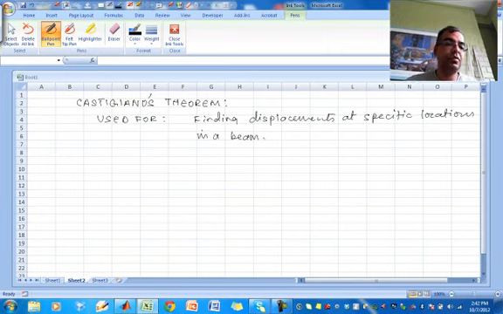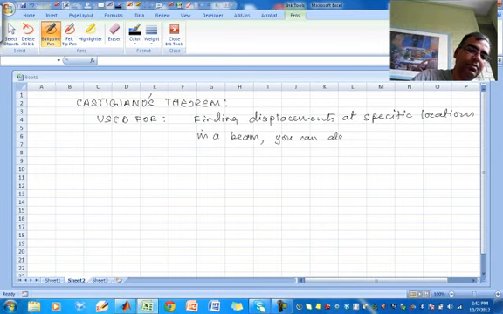This is our most common use. By the way, it is not just restricted to displacements. You can also find rotations, or what is called slope, etc. Okay, so how does it work?